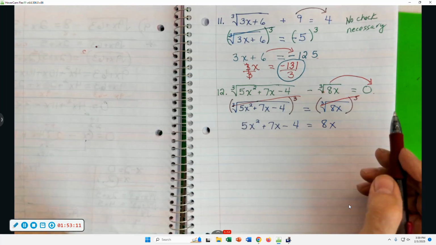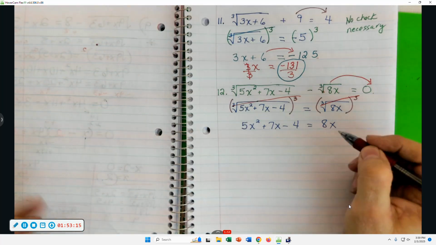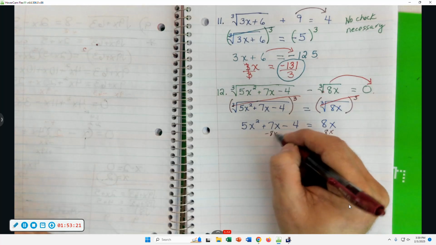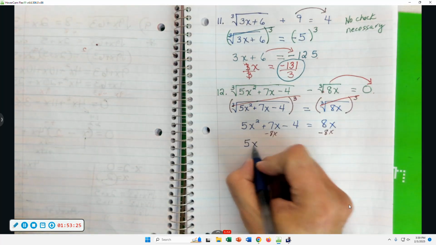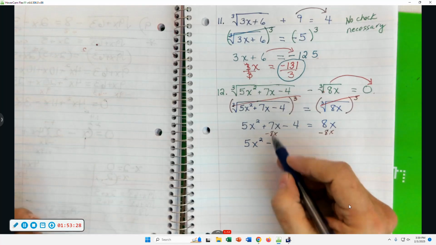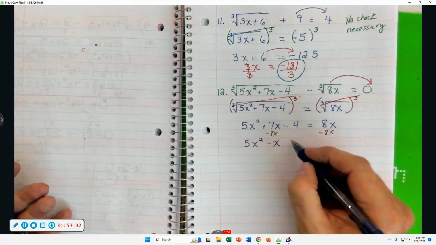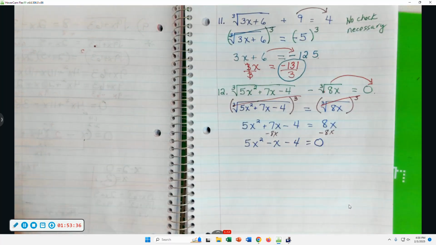You need a 0 on one side. What do y'all think I'm going to do to get this in standard form so we can factor it? Subtract the 8x. So we have 5x squared, 7x minus 8x. Is that just going to be minus x? Equals 0.